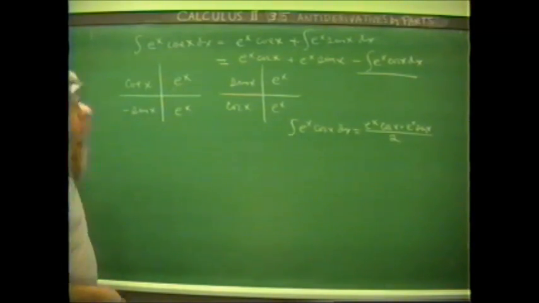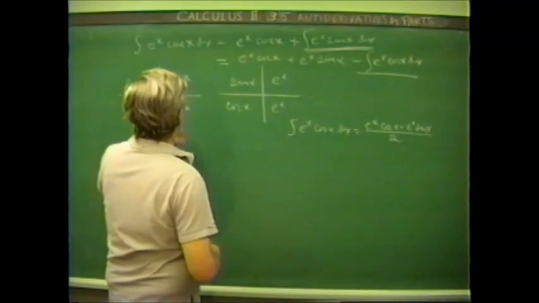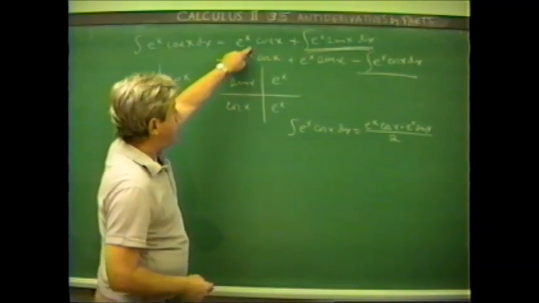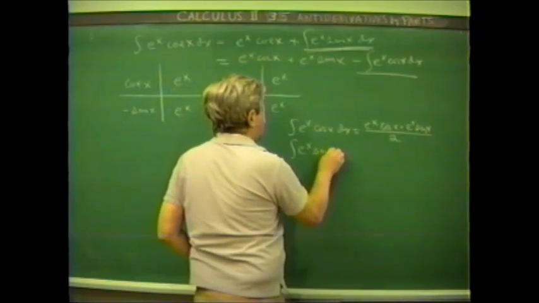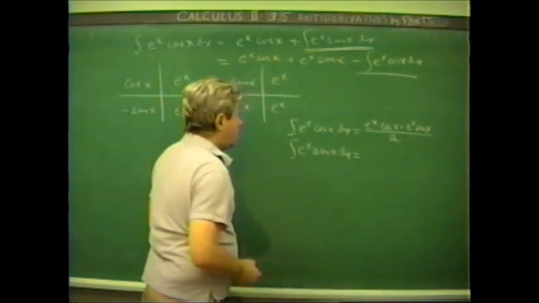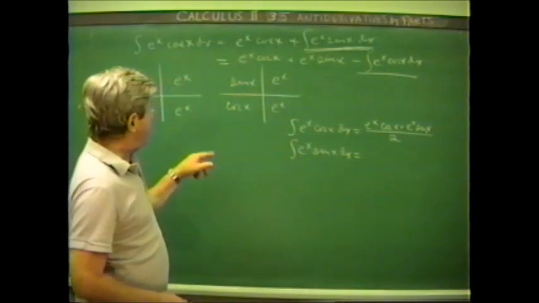While we're there, we can also get the antiderivative of e to the x sine x. It's this minus e to the x cosine x. So the antiderivative of e to the x sine x dx is going to be equal to this antiderivative minus e to the x cosine x.